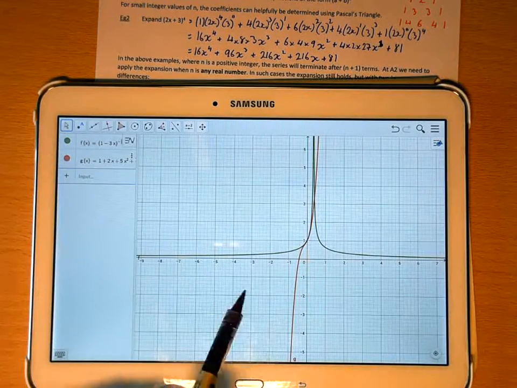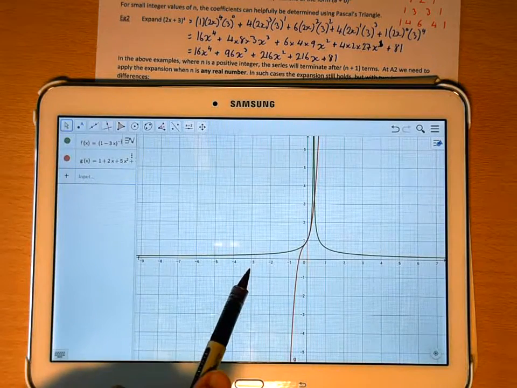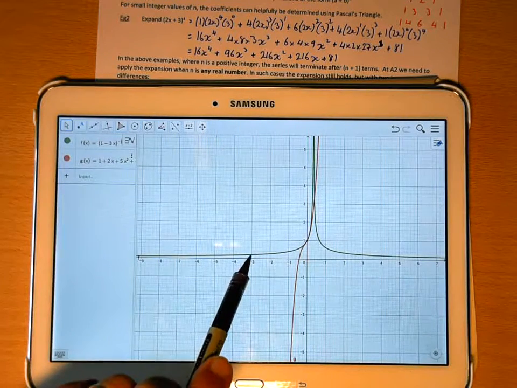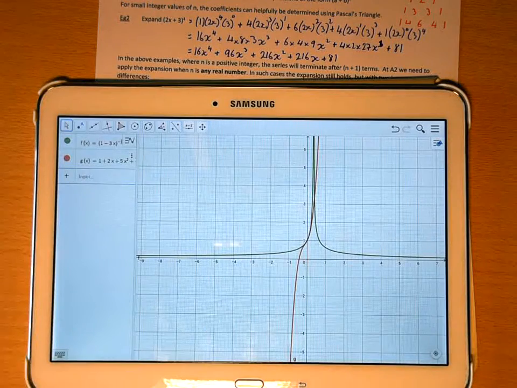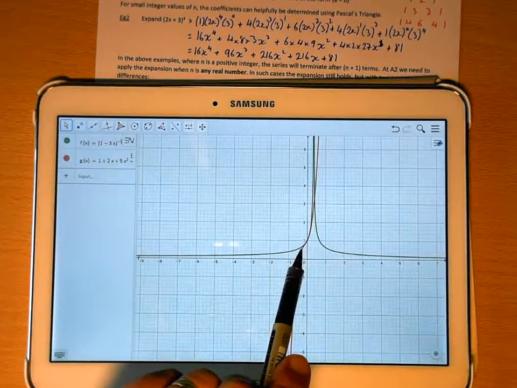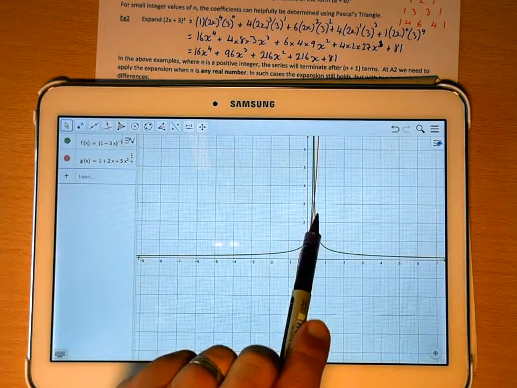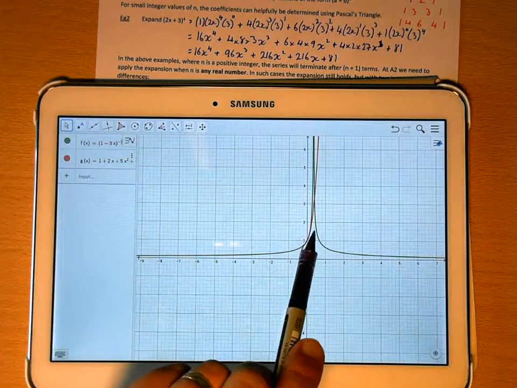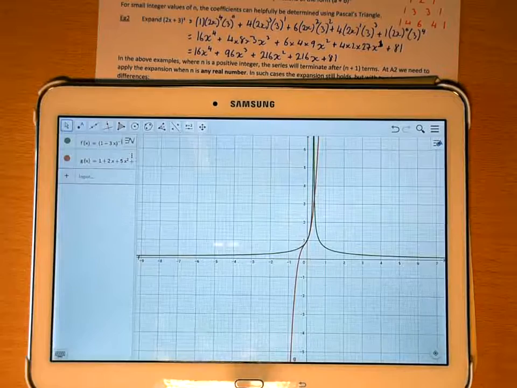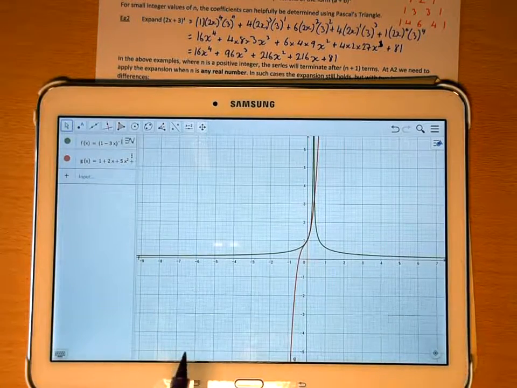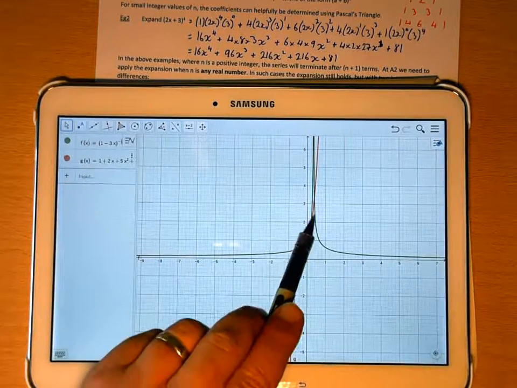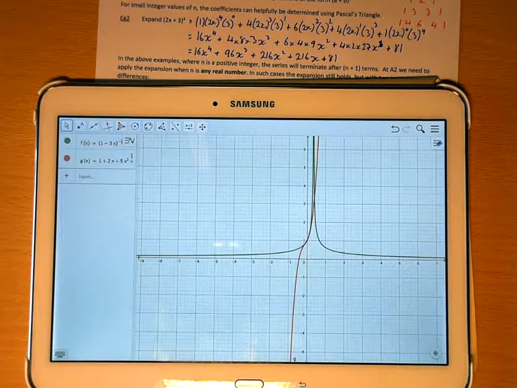And what you can see there is if you put in a value of, say, x is minus 3, there's an enormous difference between the y, or the output, on the green curve compared to the red. But between there and maybe there is a really close similarity to the two. So the modulus x is less than 1, as I said, isn't something we can prove at A level. However, we can see graphically that that case is valid.